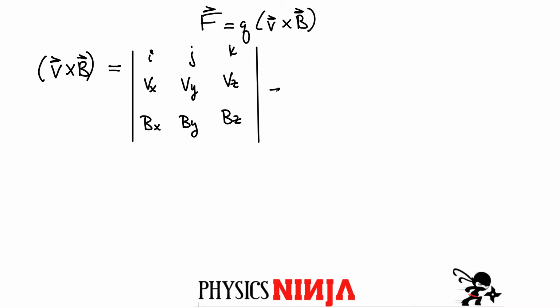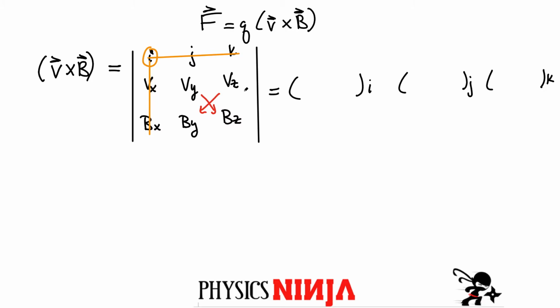And at the end, we're going to end up with an i component, a j component, and also a k component. The way you evaluate this is pretty straightforward. If I'm looking for this component, I cross out the row and the column where that term appears. And at the end, all you do is cross multiply these terms over here.